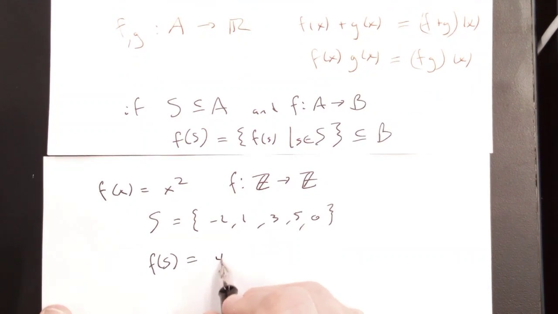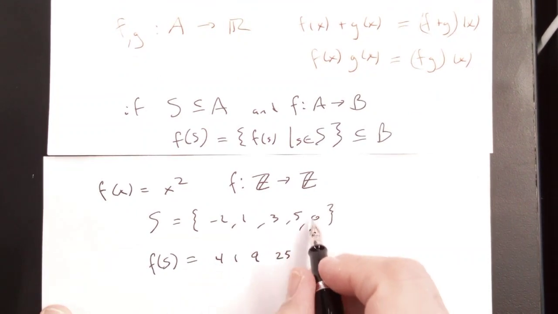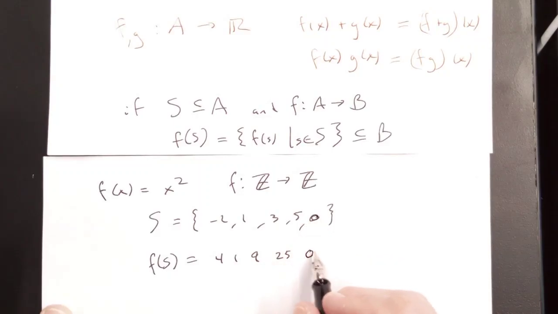Four, 1, 9, 25. I think that's a 0. Yes, that's a 0, and 0 squared is 0. Other way around. By the way, if I had also had, say, a positive 2 in S, I hit 4 twice. Do I have to list it twice? Sets are unordered, and I don't have to have repetitions.